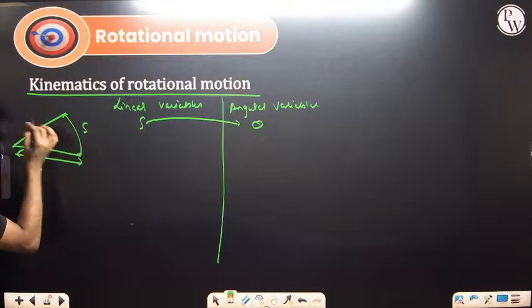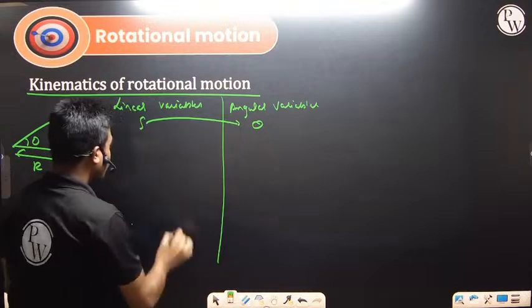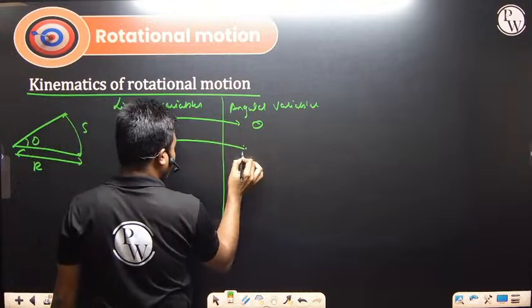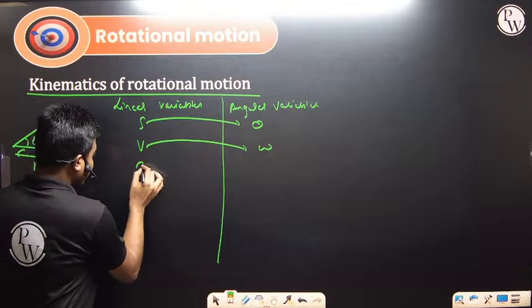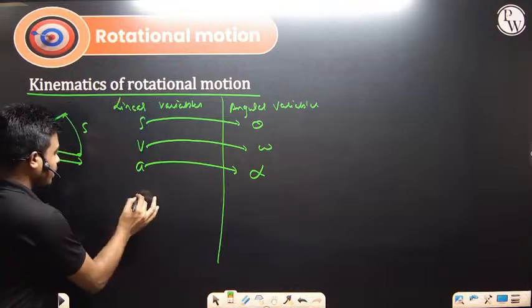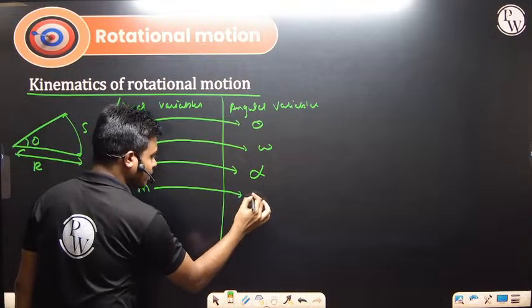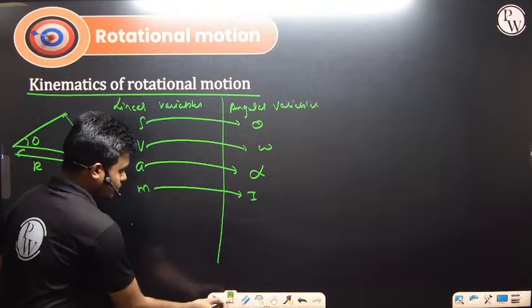So this will be linear distance s, and this angular displacement theta. Here we have linear velocity and here angular velocity omega. Time will be the same in both cases. Here we have linear acceleration a, here angular acceleration alpha. Here we have mass, here we have moment of inertia, that we are going to discuss now. What is moment of inertia?